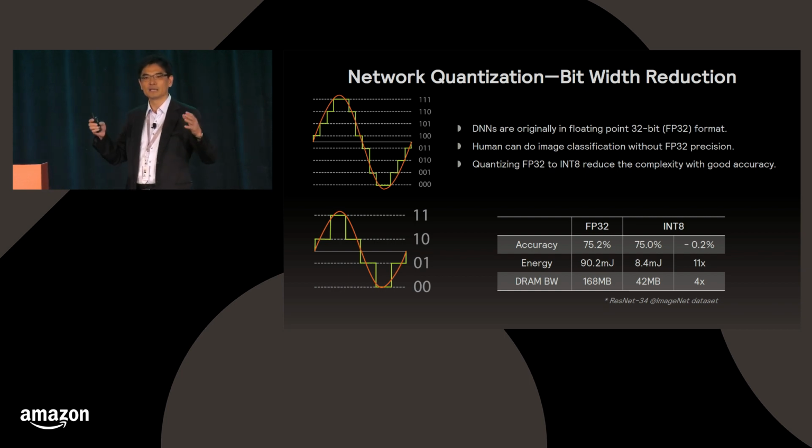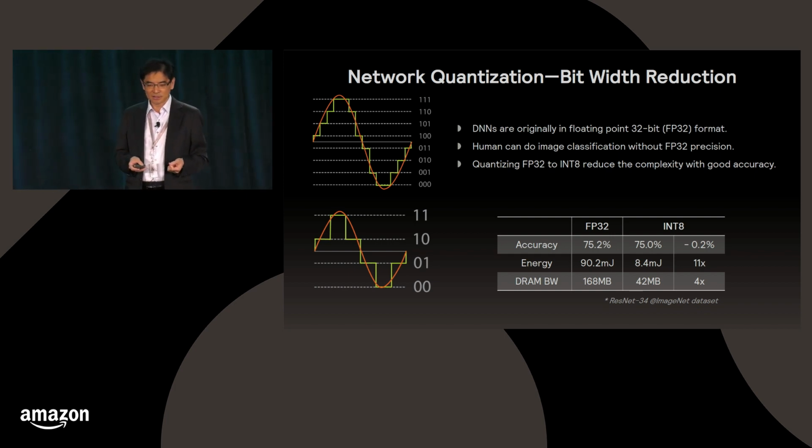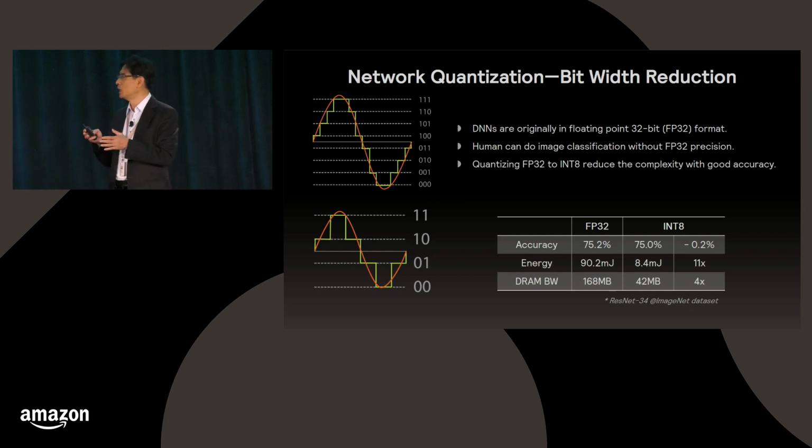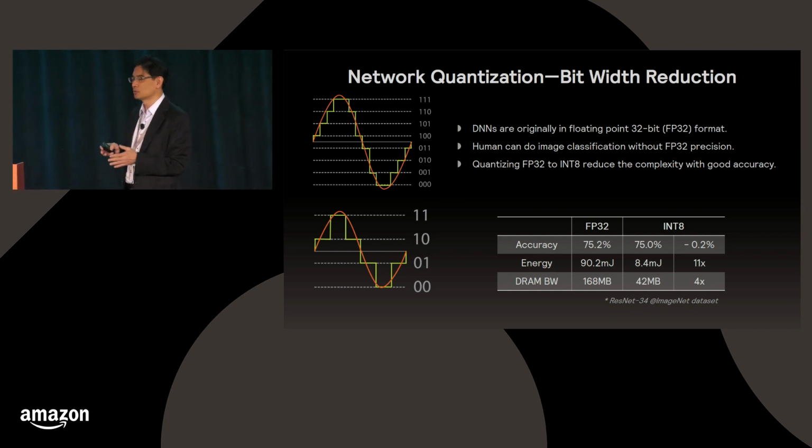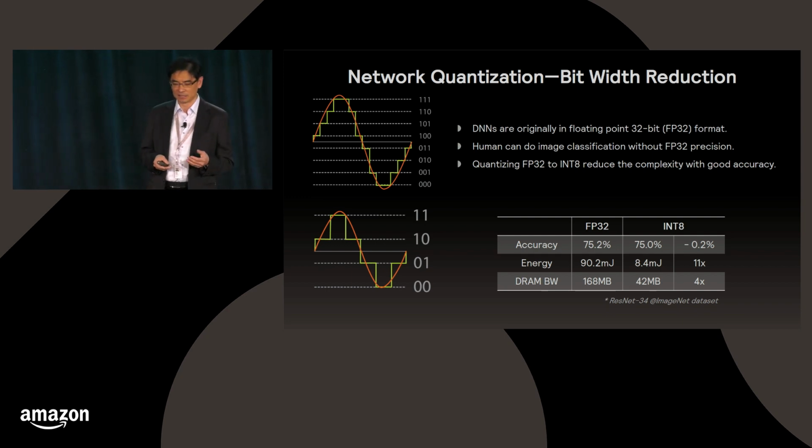That implies we can use fewer bit widths to do the same thing. In our experience, we reduce the bit width from floating 32-bit to integer 8. Then we can still keep good accuracy, while the computational complexity is reduced significantly.